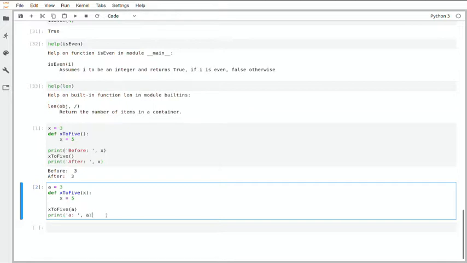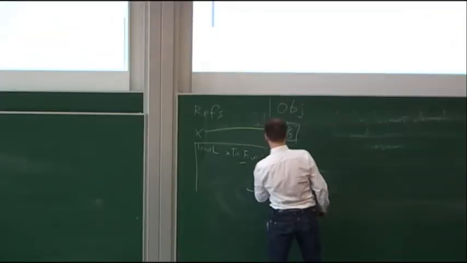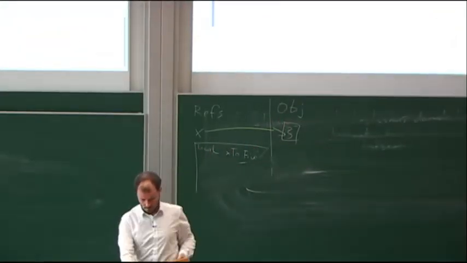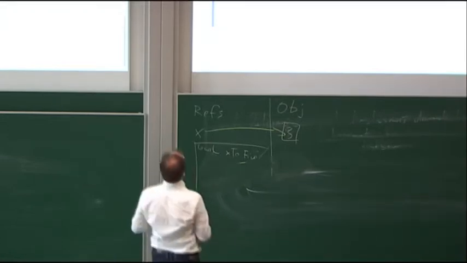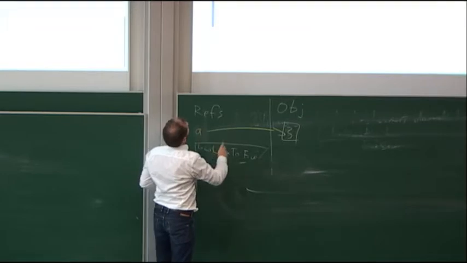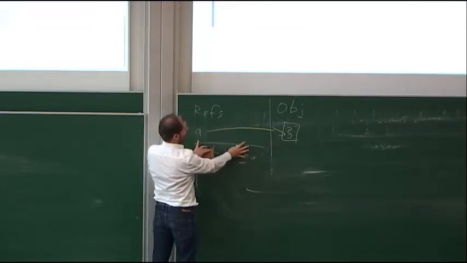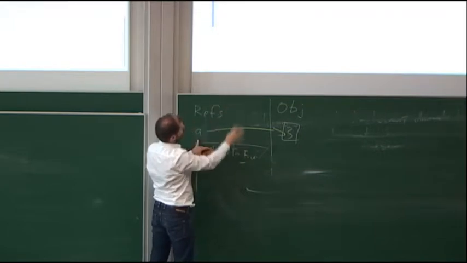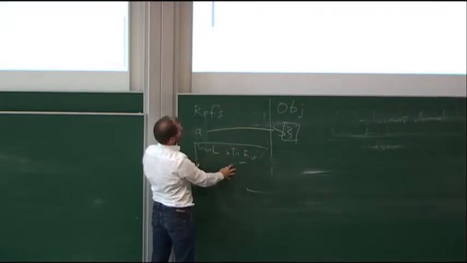So let's draw our favorite diagram for this situation. Before we call the function, we have a global variable a, that is 3. We have no local scope. Then we call x_to_5. In the moment that we call x_to_5, this local scope gets created.